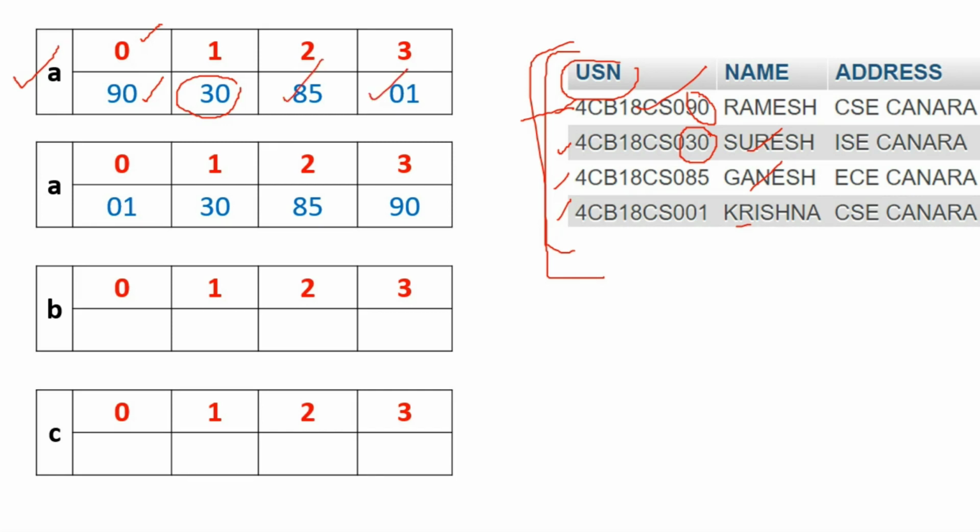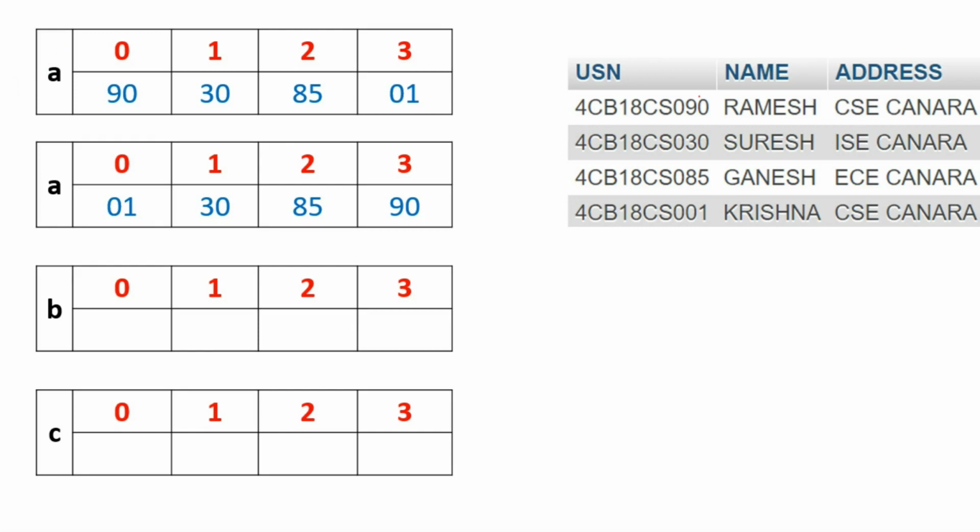So finally, once we fetch all the rows from the table using the fetch assoc function, we access every row, and from every row we copy the USN one by one to the array A. So now finally my array looks like this.